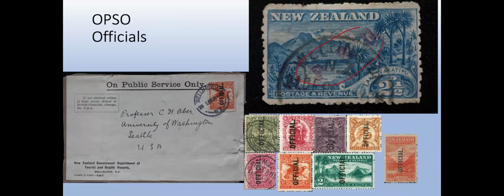So if you just look underneath the red marker there, you'll see the words OPSO for on private, on business only. Later on, stamps were printed official and used on mail, as you can see here on this cover. So official stamps were used by New Zealand government departments.